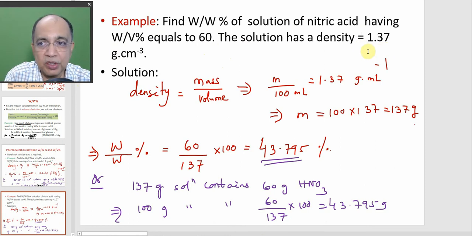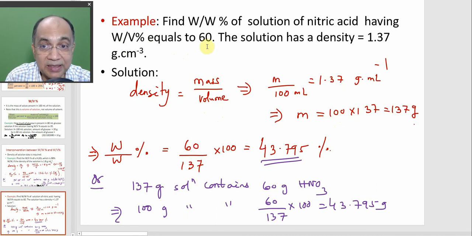Density of this solution is 1.37 gram per cm3. Now here, since the W by V percent is given, let's take the volume as 100 ml deliberately for our convenience. So if it is a 100 ml volume of solution, what is the mass? It will be multiplied directly here. So 100 ml solution will weigh 137 gram.